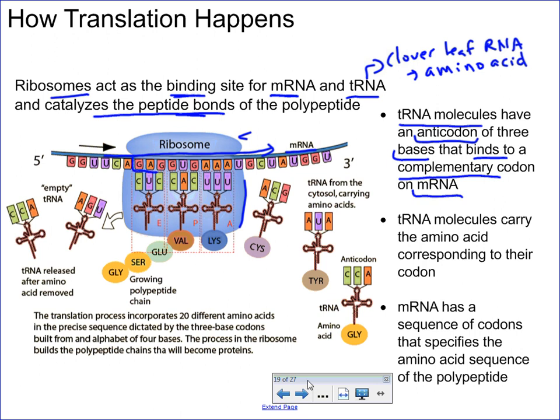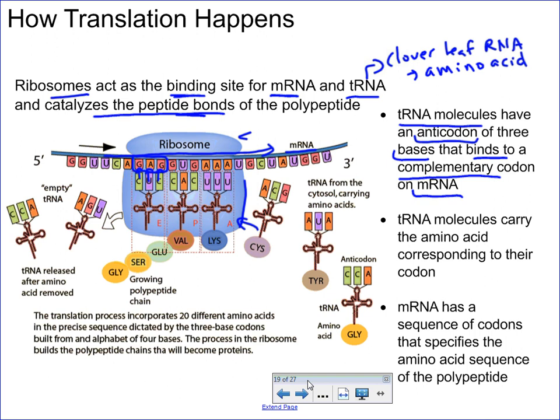So it'll read a set of 3 bases on that mRNA. And it will then allow in a transfer RNA, in this case CUC, that is complementary to that messenger sequence or that codon sequence on the mRNA.